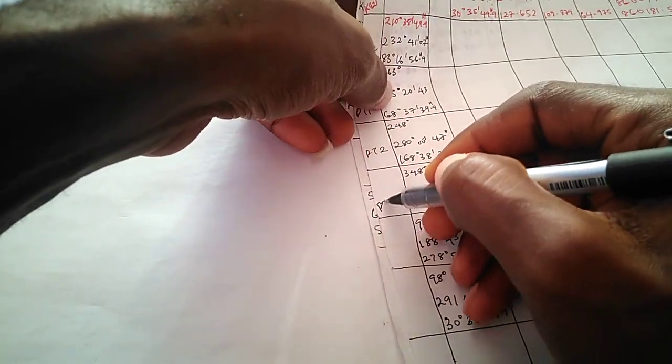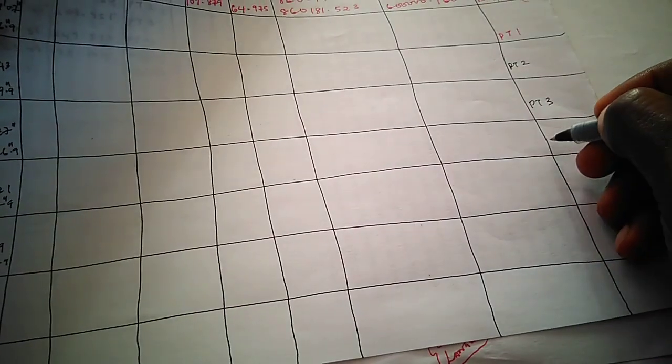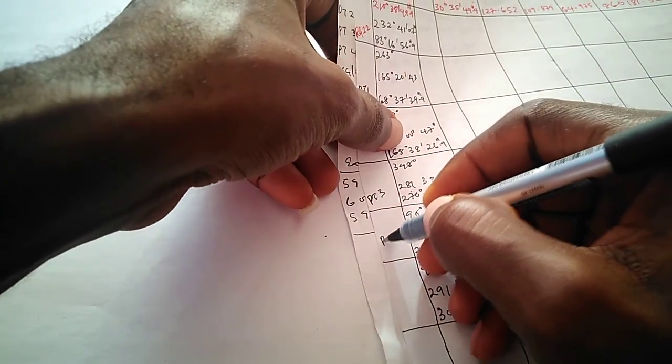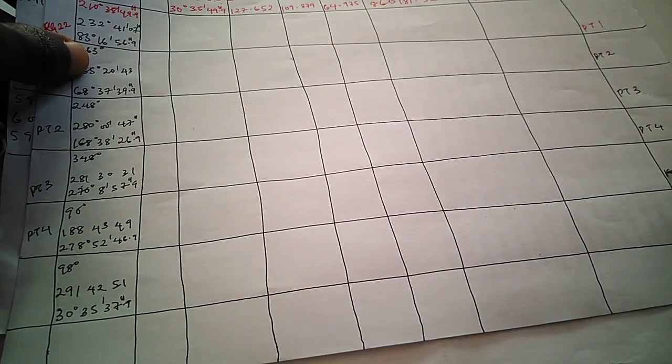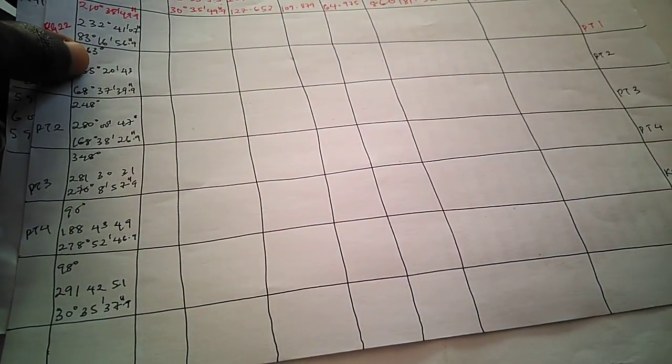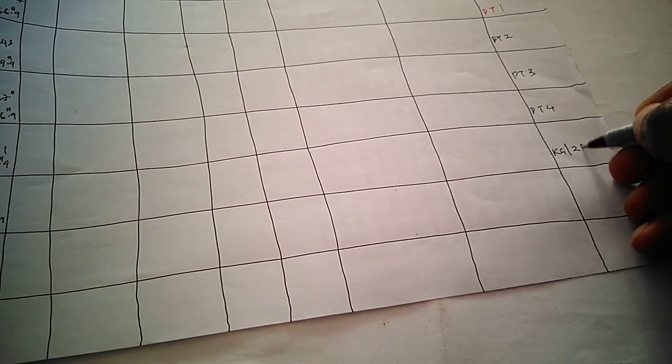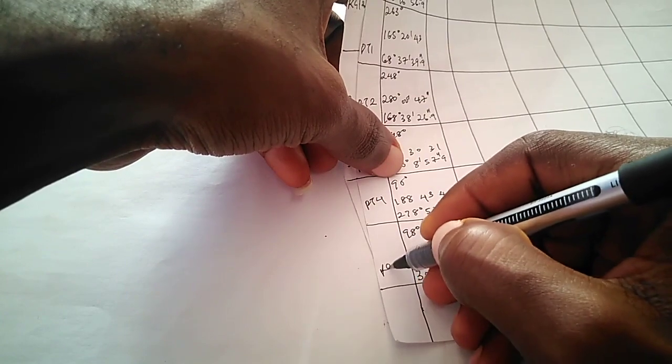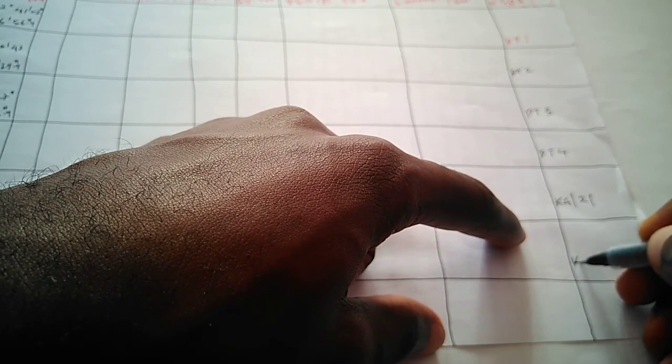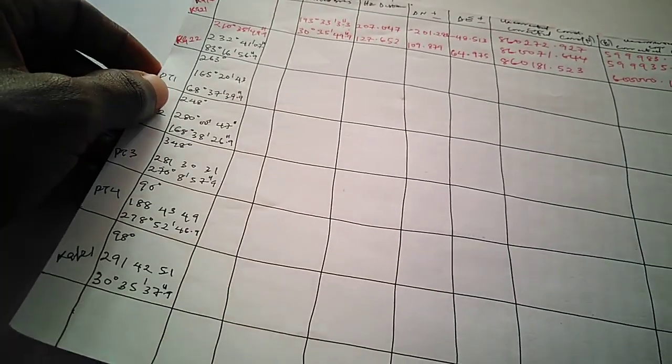We have from pt3 to pt4, and then we have from pt4 to kg21, and then from kg21 to kg22.